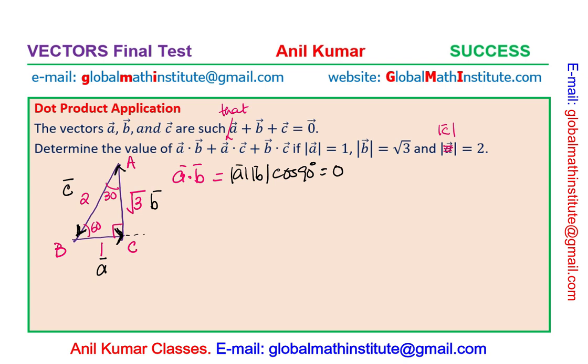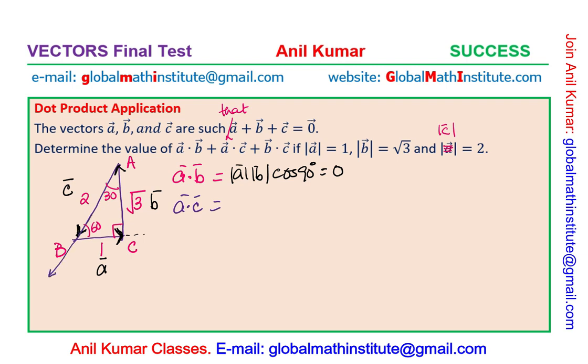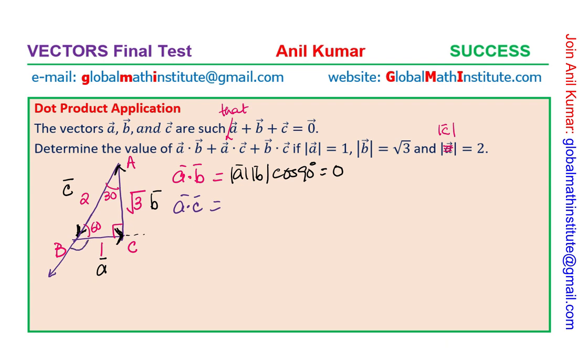Now the second term, what is A dot C? A dot C will mean this, right? So that is C for us, and this is A for us. The angle which we have to consider is actually this angle. You understand? It is not 60 degrees. It is this angle which is 180 minus 60.